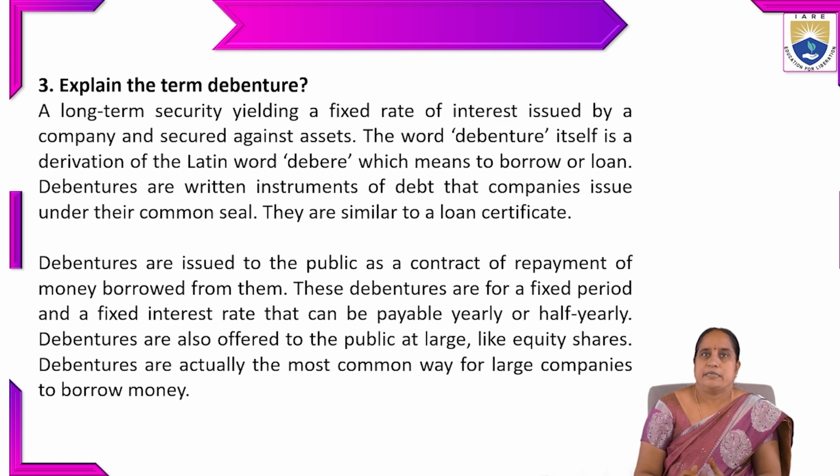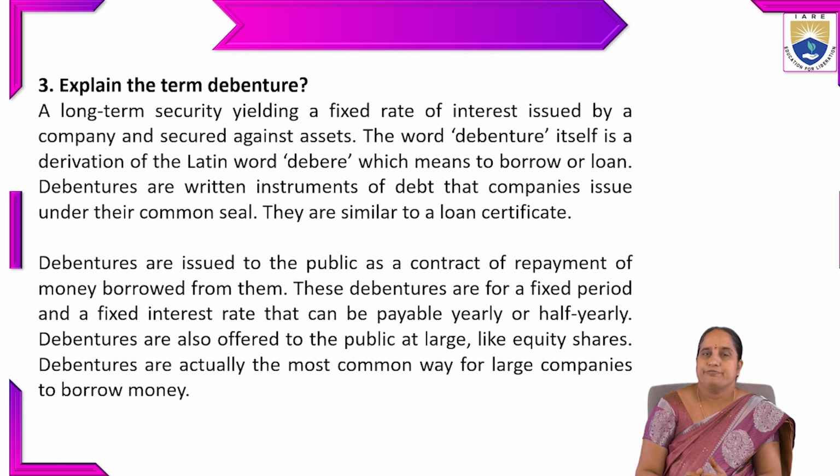So, debentures are written instruments of debt that companies issue under their common seal. They are similar to a loan certificate. Debentures are issued to the public as a contract of repayment of money borrowed from them, and these debentures are for a fixed period and a fixed interest rate that can be payable yearly or half yearly.